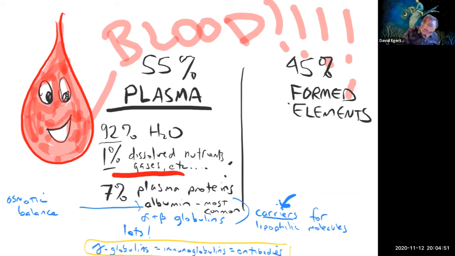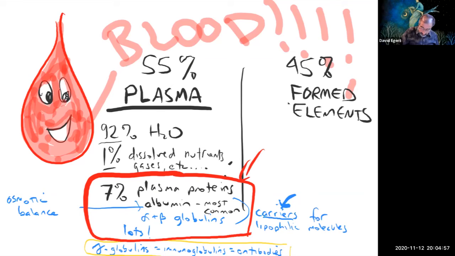So all of these, except for the antibodies, are made in the liver.